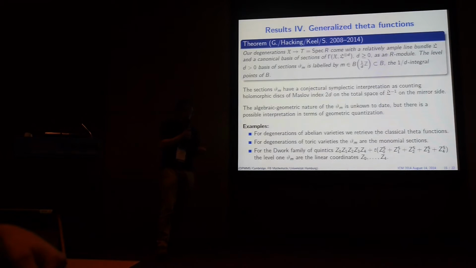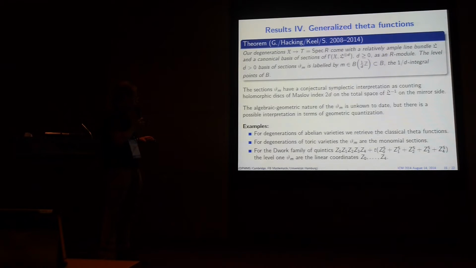So the reason, for example, that we call these theta functions is that if you apply this technology to the case of abelian varieties, this construction gives you precisely classical theta functions. It gives a very nice way of thinking about classical theta functions. In the case of degenerations of toric varieties, the theta functions are just what you would expect, namely monomial sections of a line bundle.